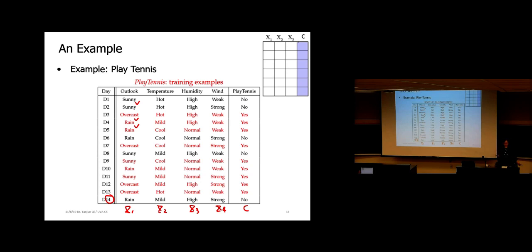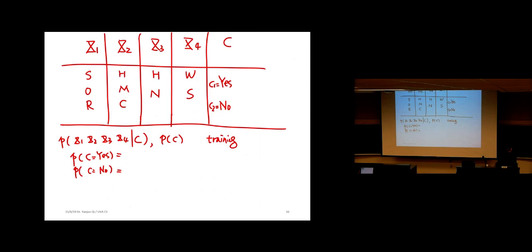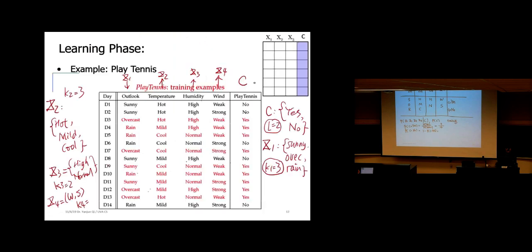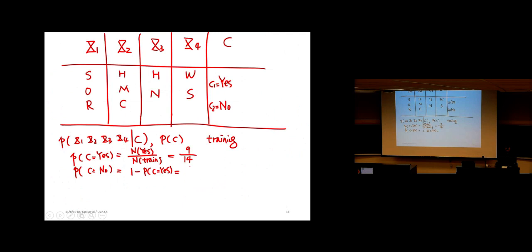Let's treat yes as the head. How many yes did I observe? 9. In total I have 14, so it's the number of times I see yes over the training size, which is 9 over 14. And P(C = no) is extremely easy, because it's 1 minus P(yes), which is 5 over 14.